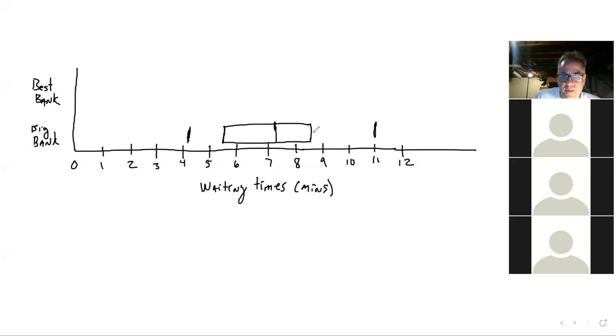And then I make a line from the upper quartile up to the max value, and I do that. All right. Then Best Bank, I'm going to do exactly the same thing. I'm going to put in the median, which was 7.2, so it's going to be exactly right there.